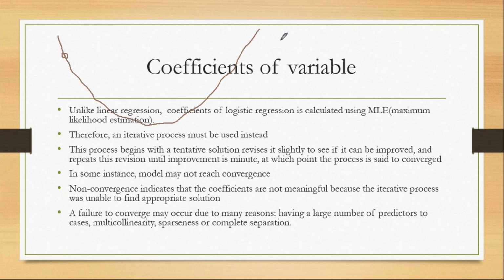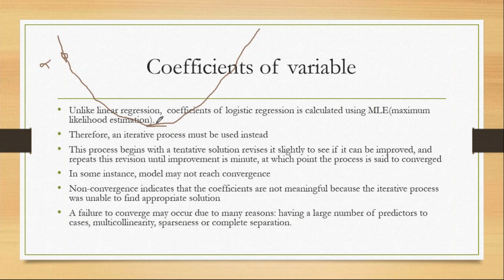If the slope is not equal to 0, it will keep moving to some other value ahead, by a small value alpha. It will move ahead, move ahead, move ahead until it reaches a point of constant slope, somewhere like this.